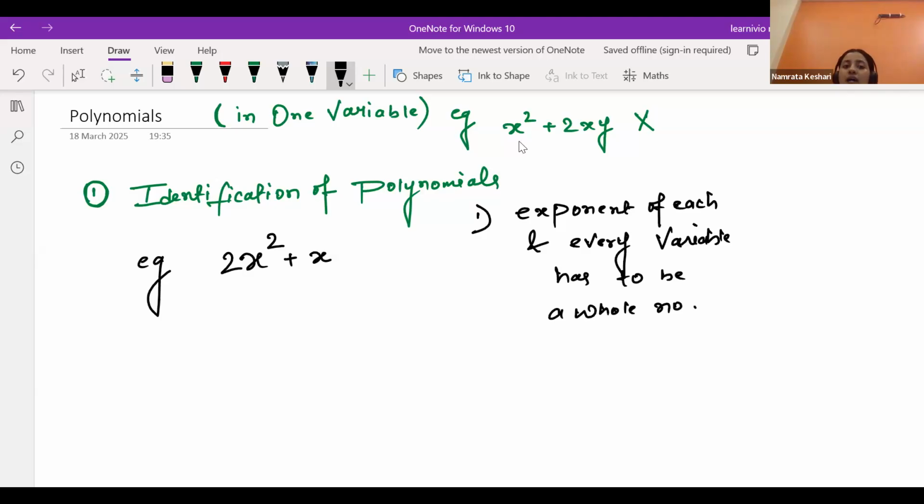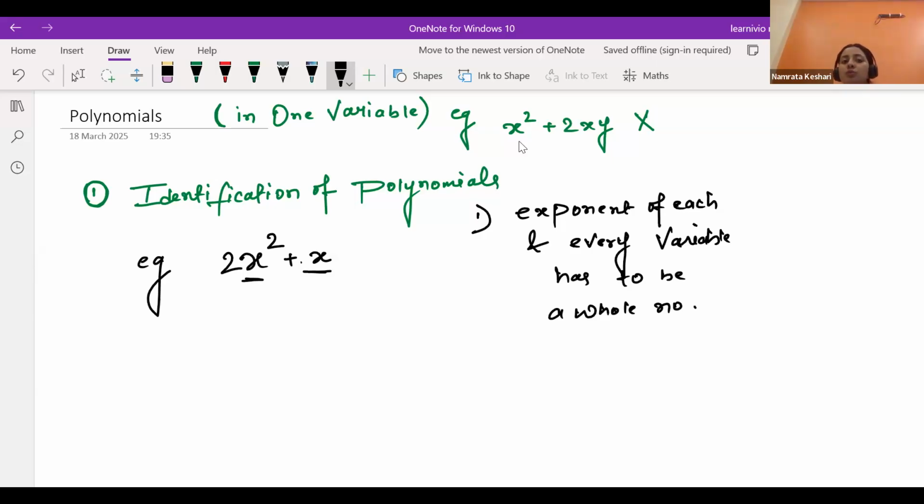Only one type of variable has to be there. x is fine, but x and y together must not be there. Here x to the power 2 is there and x to the power 1 is there. That is okay.